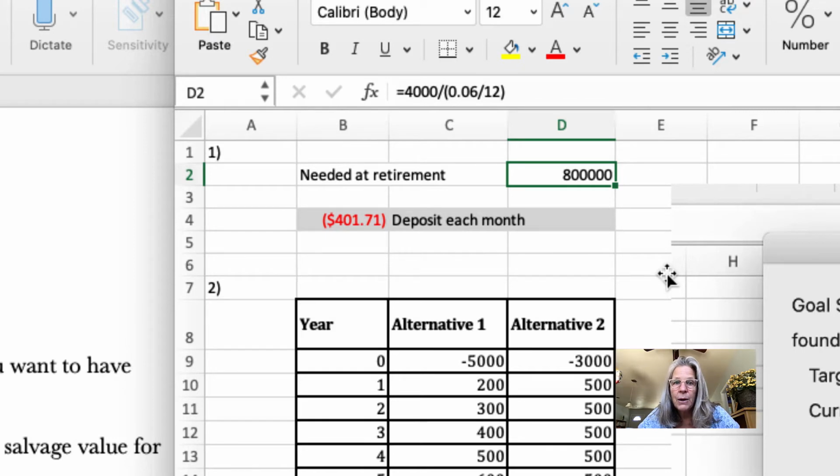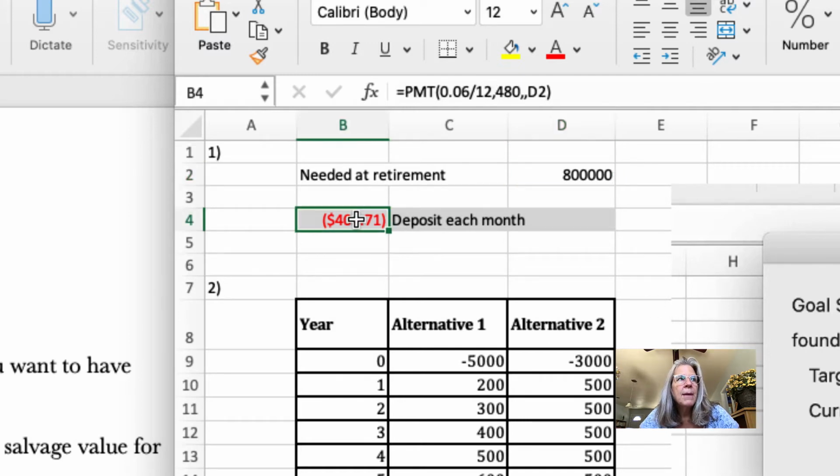I'm using that equation to figure out how much I need at retirement in order to get $4,000 a month. The next thing I'm going to do is ask, what is that in monthly payments in order to get that full $800,000 at retirement? What's my payment amount?